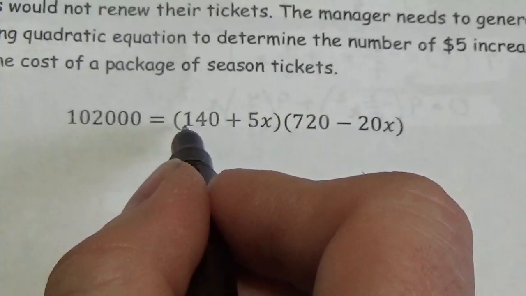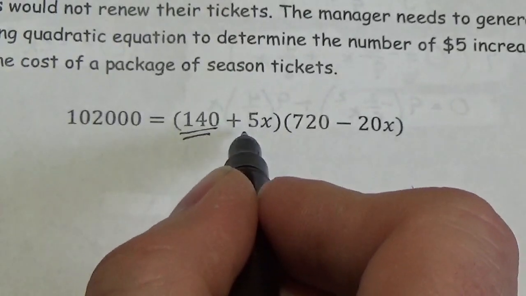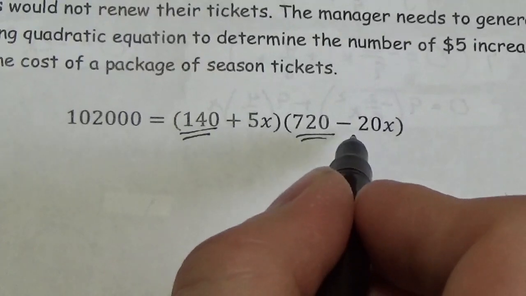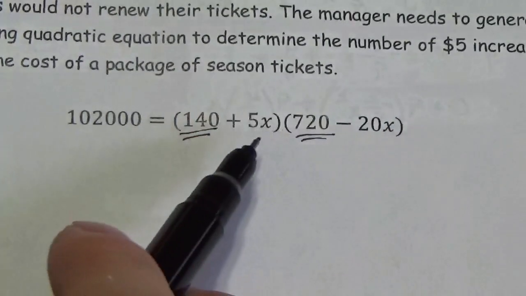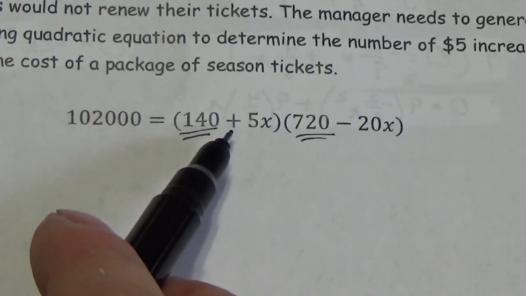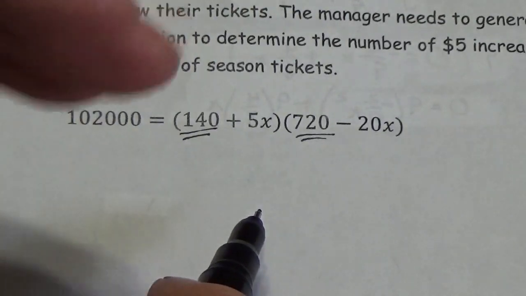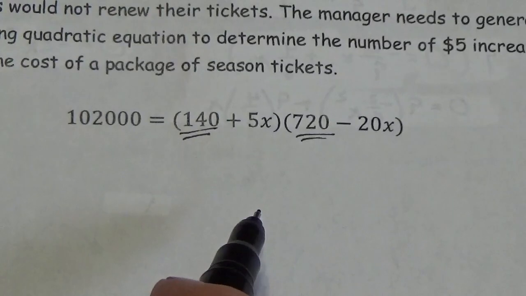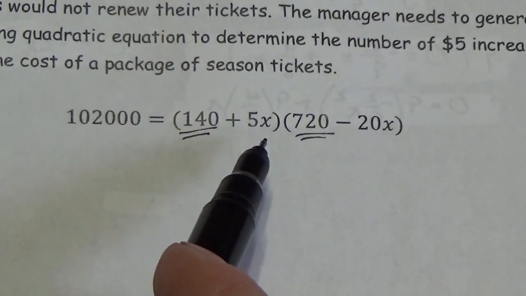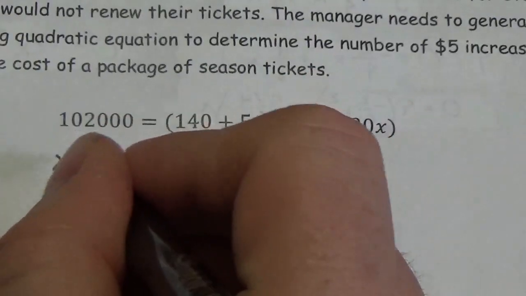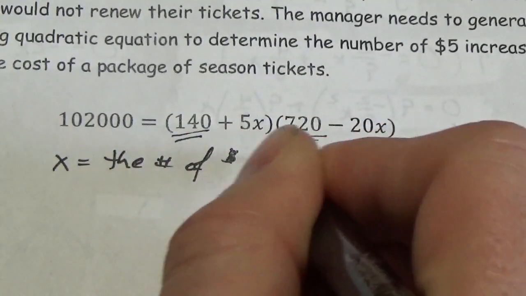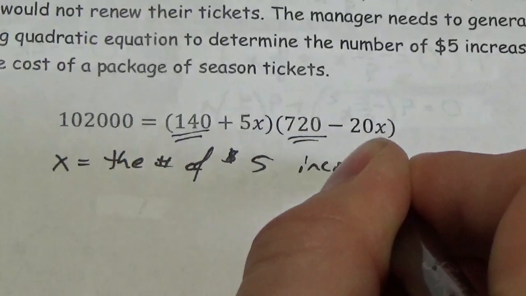So what we've got here is the price with a change multiplied by the number of people coming minus the change. Now, notice here that I've got the 5 multiplied by the x. So I was going to increase the price in these $5 increments here. So what the x must represent here, x must be the number of $5 increments.